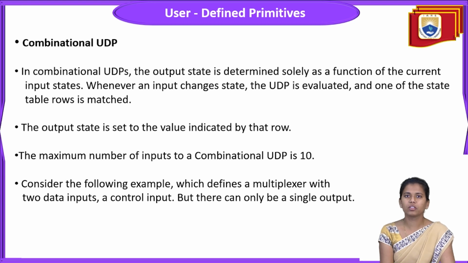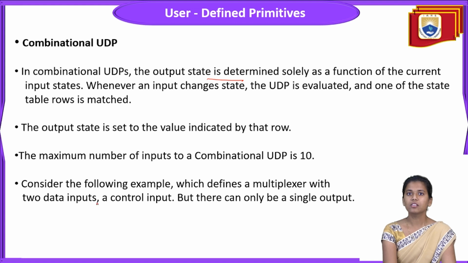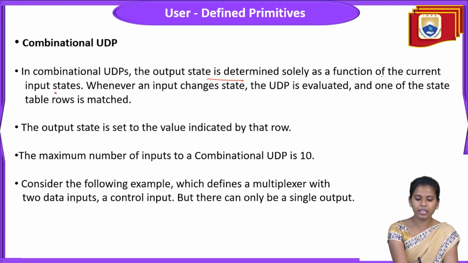Coming to the combinational UDP. We have discussed sequential UDP, right? And in the coming sections, we will discuss in depth what sequential user defined primitives are as well. Coming to the combinational user defined primitives, in combinational UDPs, the output state is determined solely as a function of the current input state.